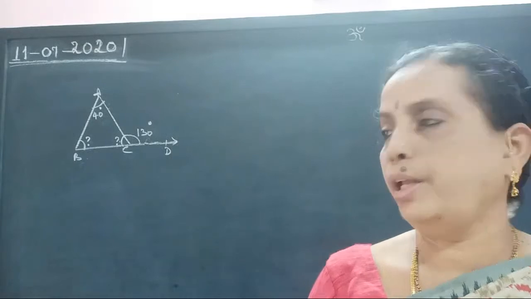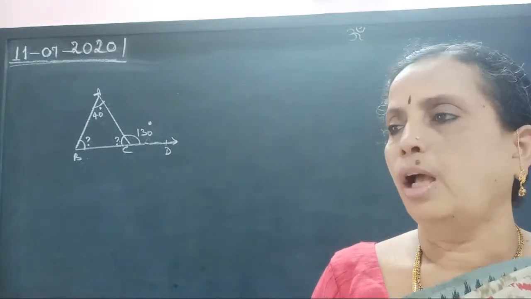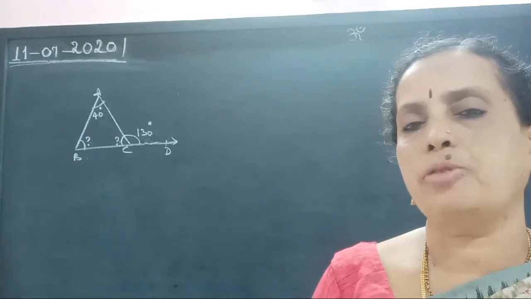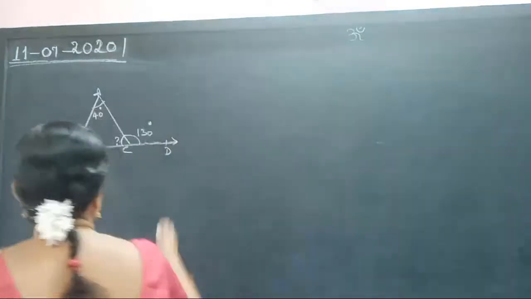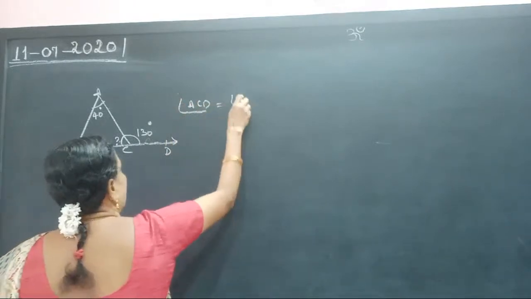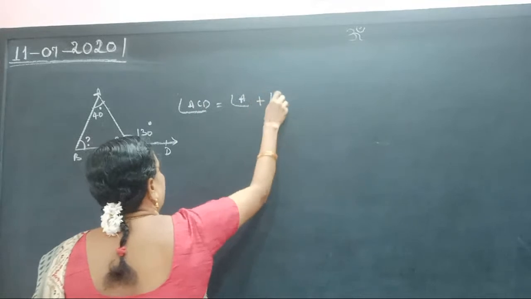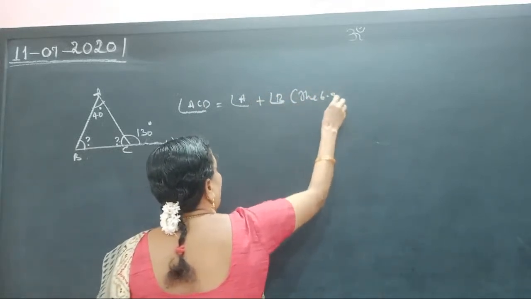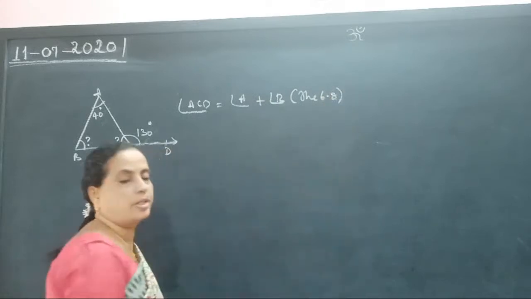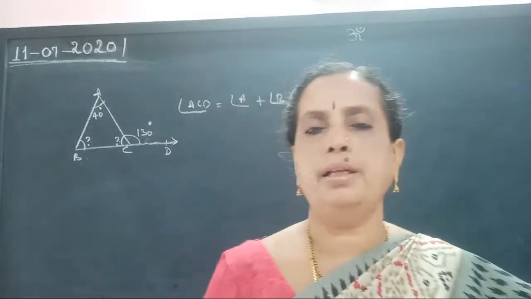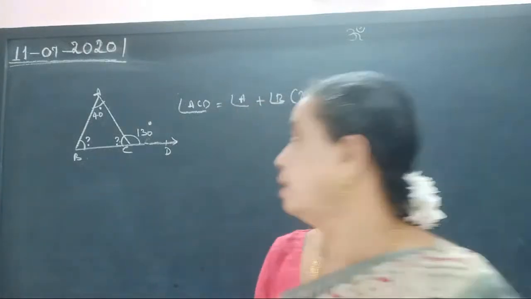Fine. Yesterday only this type we have worked out. Applying the exterior angle property, that is theorem 6.8, what we get? Angle ACD equals angle A plus angle B. In the bracket you write theorem 6.8. Exterior angle of a triangle is equal to the sum of the interior opposite angles.